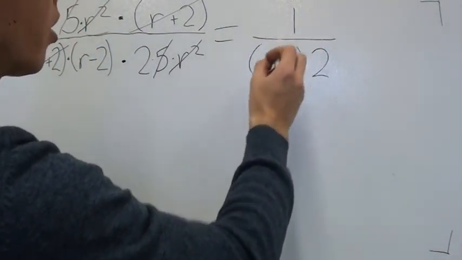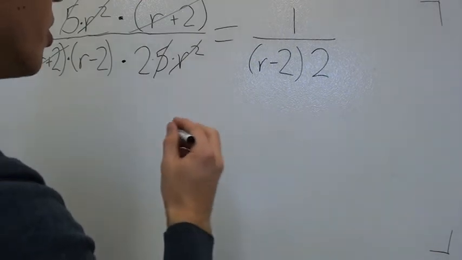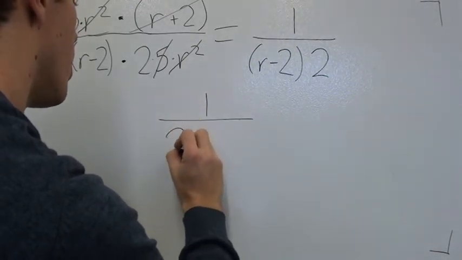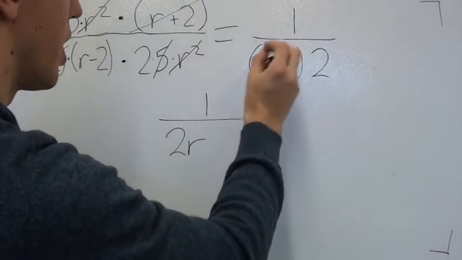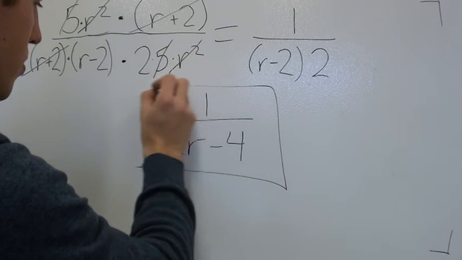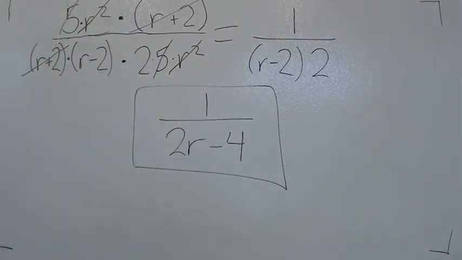And then if you want, you probably should distribute those through. Your final answer is going to be 1 over 2r minus 4. Alright, there you go. I'll look over the problems and see which one to do next.